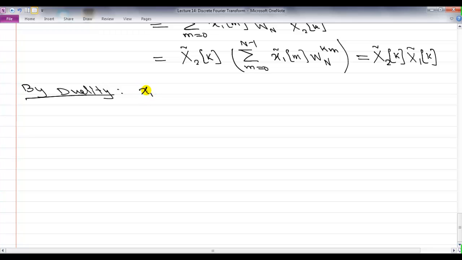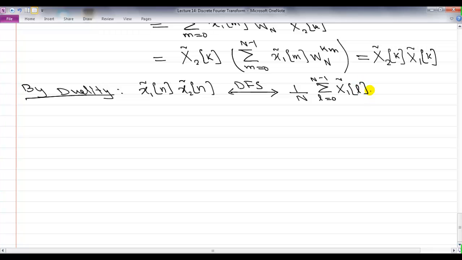So if I multiply the sequences in time, then the discrete Fourier series will be given by 1 over N, summation L equal to 0 to N minus 1, x1 tilde of L and x2 tilde of k minus L.